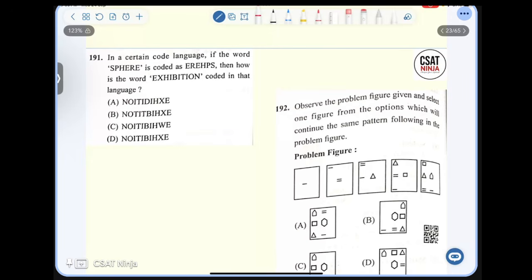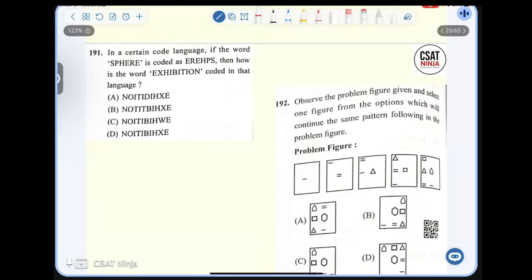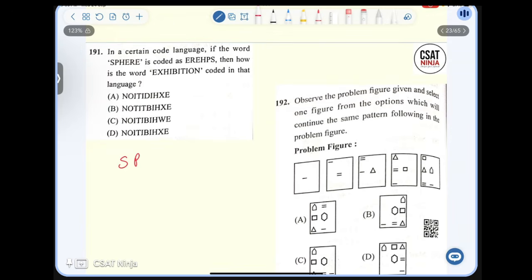There's another alphabetical series here. Coding decoding. So let's check. It's a letter swap only. SPHERE becomes EREHPS. That means this one goes here, this one comes here. So I'll just write the reverse.